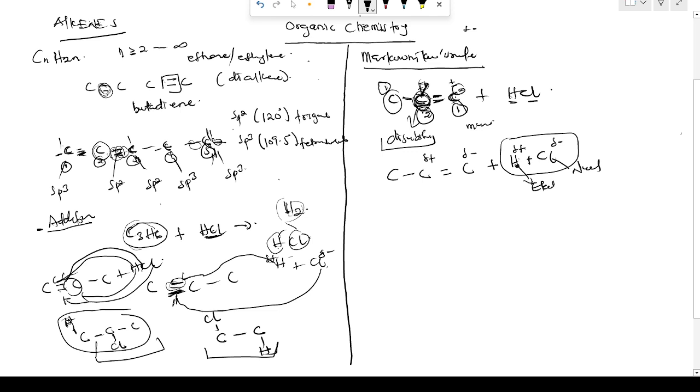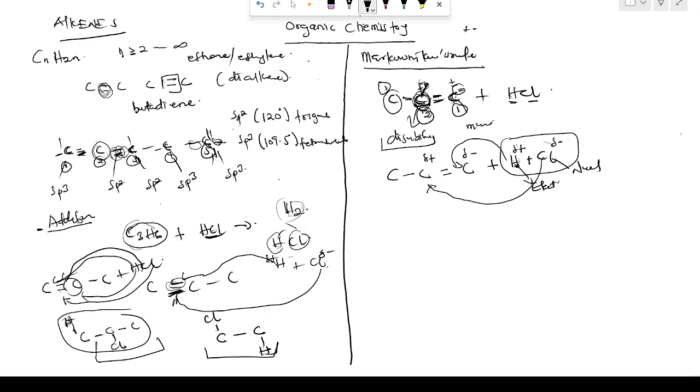From Markovnikov we said that the electrophile, the positive, should attach itself to the carbon with the negative, the carbanion, and the nucleophile will attach itself to the carbocation. Or in simple terms, the hydrogen will attach itself to the carbon with more hydrogen, and the halide, the chlorine here, will attach itself to the carbon with the least hydrogen.